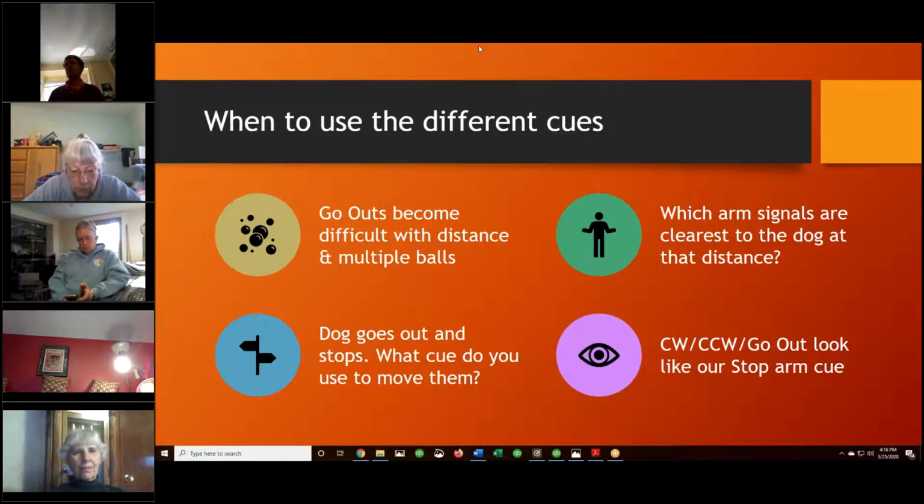Those of you who have your dogs working out at some distance, have you seen things that were working really well when you were at the closer distances, and then your dog got out there with some serious distance, and now the dog's going, I don't know what you mean? Because we often blame that, well, we just didn't have the distance on that cue, that behavior yet. And I would argue sometimes it's not that we didn't have the distance, it's just that what we thought was a cue is a mishmash.